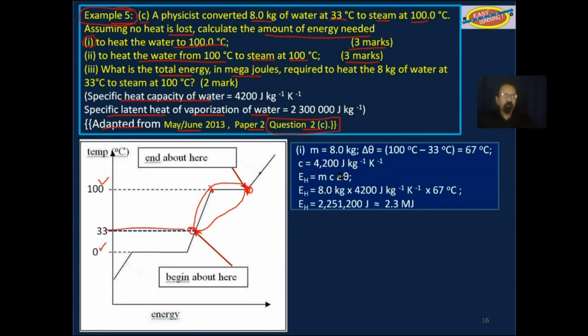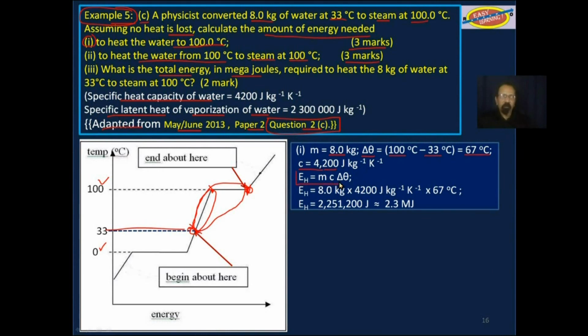So the first part, we know that M is 8.0 kilogram. We know that delta theta is 67 degrees Celsius because you are moving from 33 to 100. We also know that the specific heat capacity of water is 4,200 joules. How much energy is required to do that?